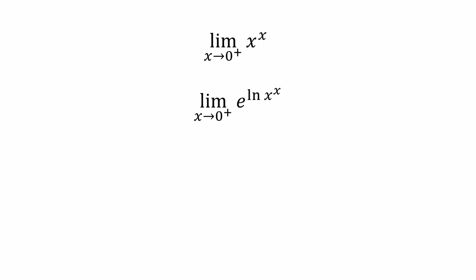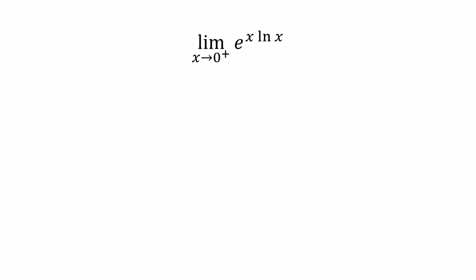Using logarithmic properties then gives the limit as x approaches 0 plus of e to the x ln of x. Using limit properties then gives e to the limit as x approaches 0 plus of x ln of x.